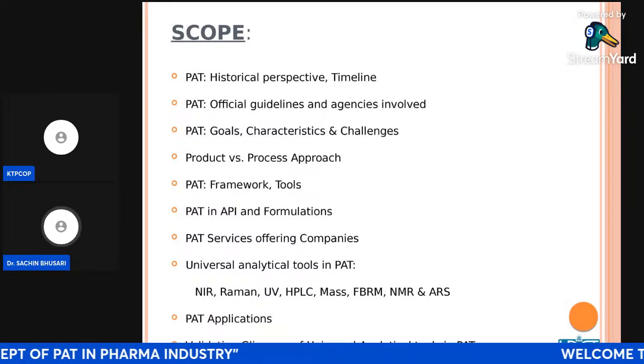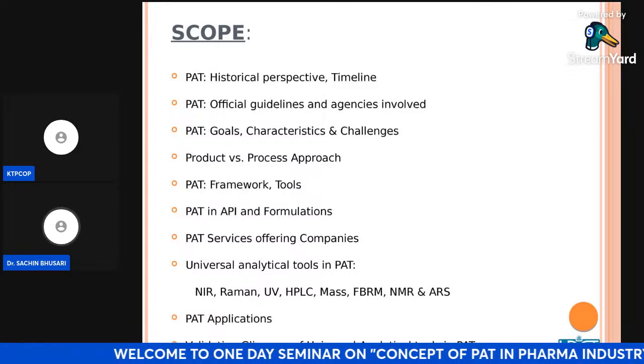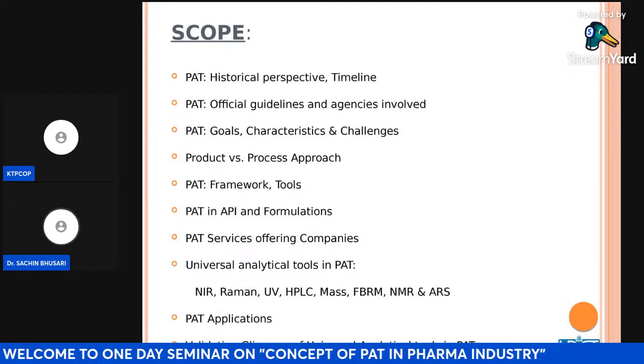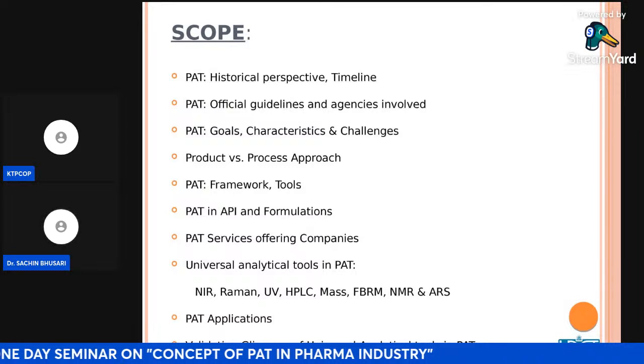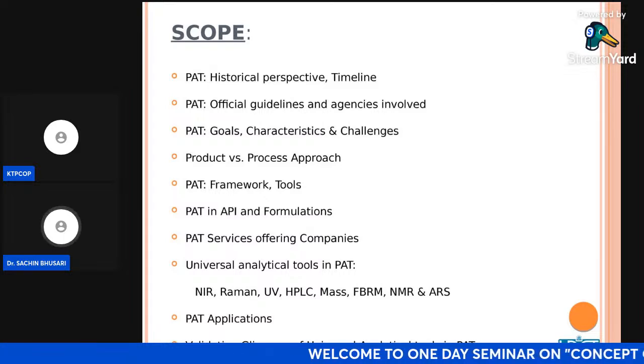So instead of method validation, I'll be more towards instrument validation, because method validation you all might have a backbone, but for instrument validation, you need some core information with which you can optimize or calibrate the instruments. So I'll be covering that part also. So this will be our scope of today's presentation.